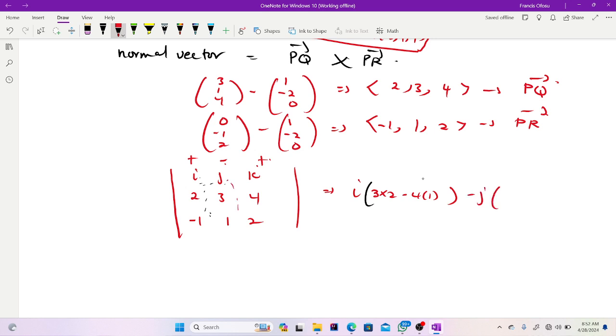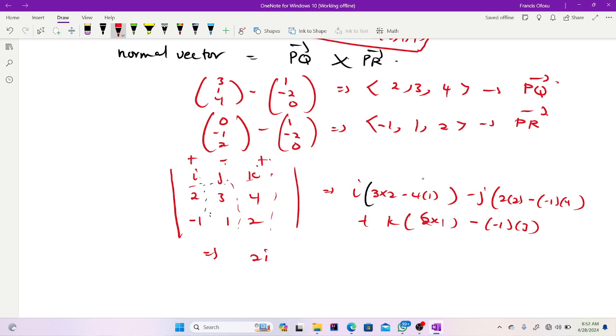Then here is minus j open brackets. j also cancels this away and this away. So I'll get 2 times 2 minus negative 1 by 4. Plus k. k will also take everything here away. I'll be left with 2 times 1 minus negative 1 by 3. So simplifying it, I'll have 6 minus 4, which is 2i, minus.